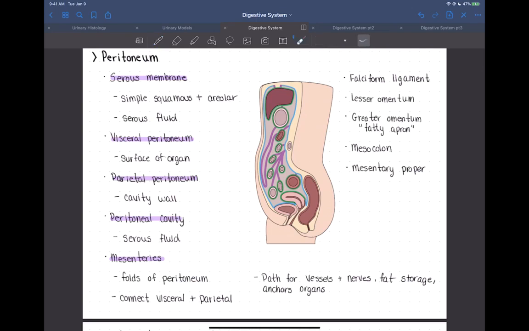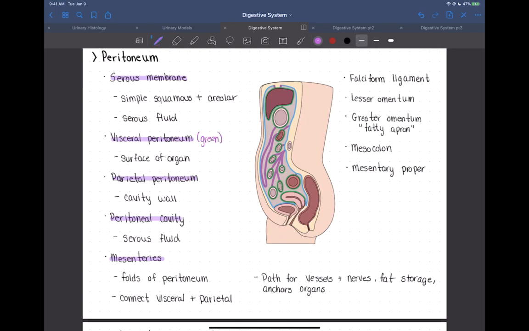And so serous membranes consist of simple squamous and areolar connective tissue, just like we've talked about the pleura. It was made of the same thing. And they secrete serous fluid, just like the pleura did. Okay, and so you can have visceral peritoneum, which is going to be on the surface of the organs. All right, so in this picture, that's going to be all of the green. So green means visceral in this picture.